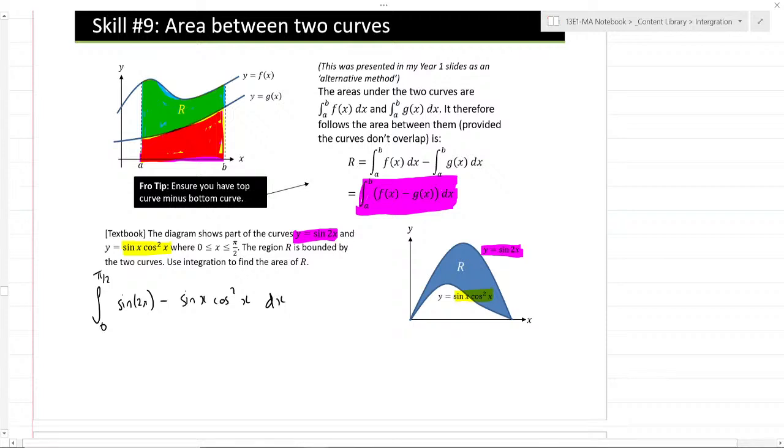So if I'm integrating between 0 and pi over 2, the first thing I'll probably do is write it so that I can use inspection: sine 2x minus sine x cos x all squared with respect to x. Now, why have I had to write it like that?